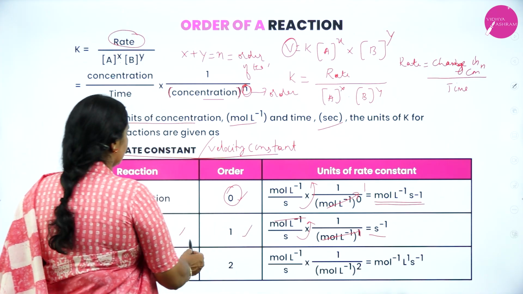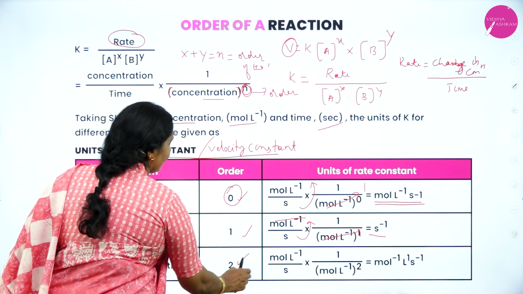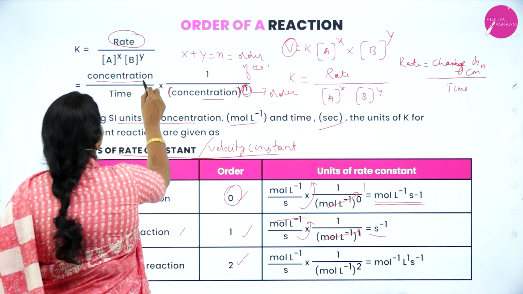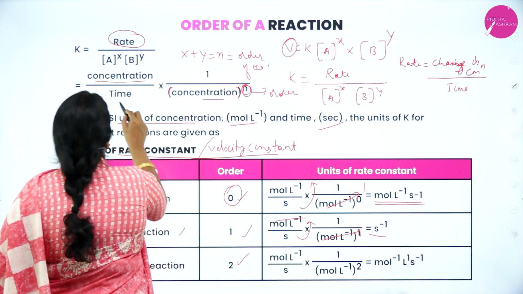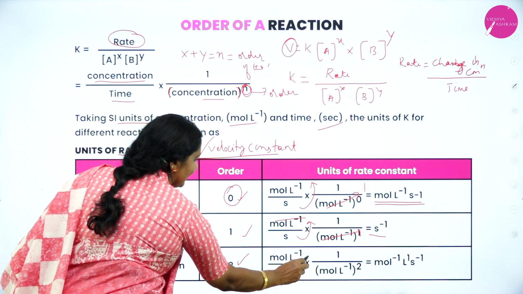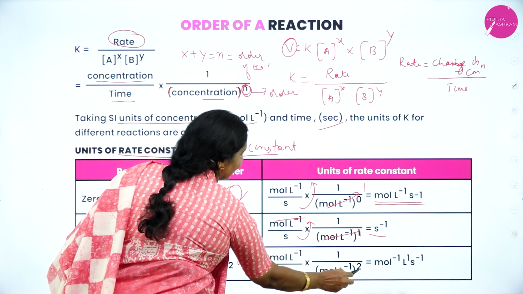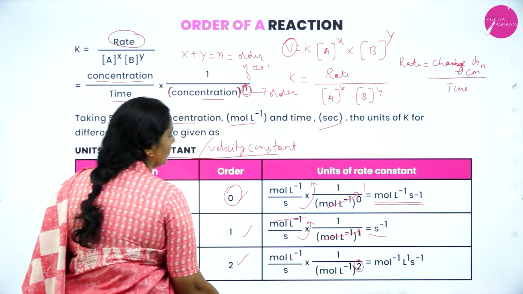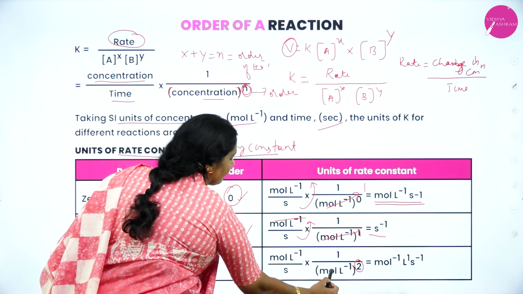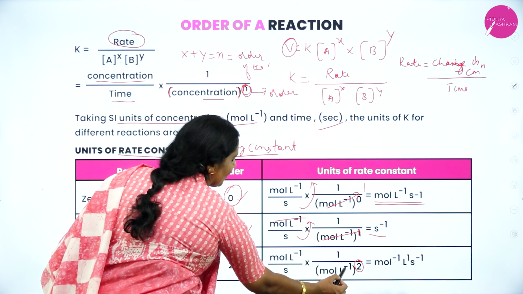Similarly, move on to second order. What's the order value? 2. In place of concentration, I will put mole per liter, and in place of time, I will put second into 1 by concentration, mole per liter, and it is second order, so I will put 2 here. Now, when 2 comes here, it will become mole square liter to the power of minus 2.